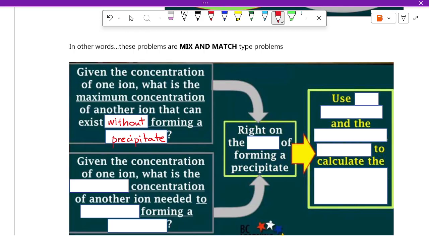So this is type A, where you're asked what is the maximum concentration without a precipitate.